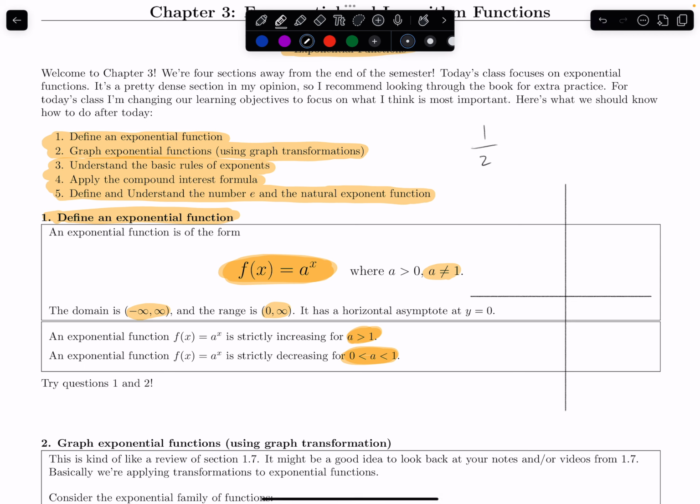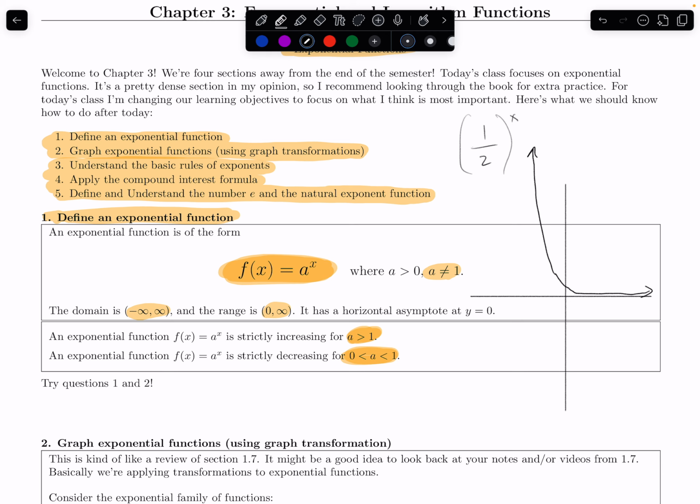If you take a fraction like a half, and we're going to see this later, and you raise it to a power, as x gets bigger, this fraction is getting smaller, right? So it's getting closer and closer to the horizontal asymptote in that direction. And then as you cross through 0, 1, it's going to explode in the opposite direction like that.